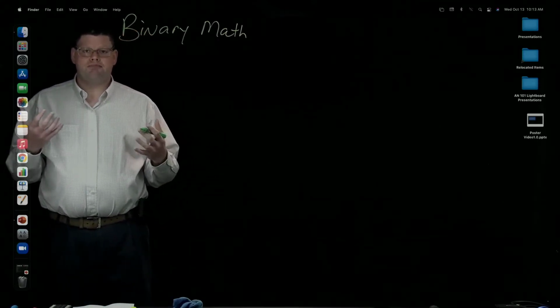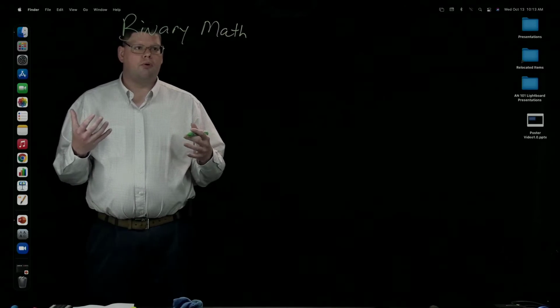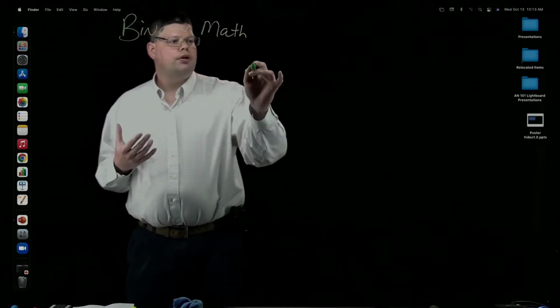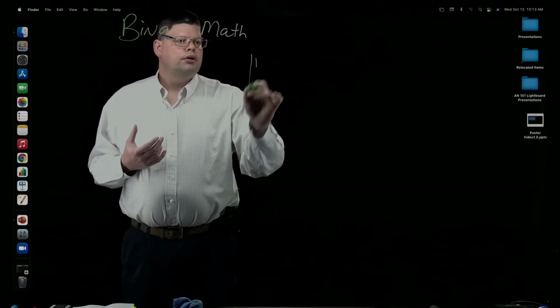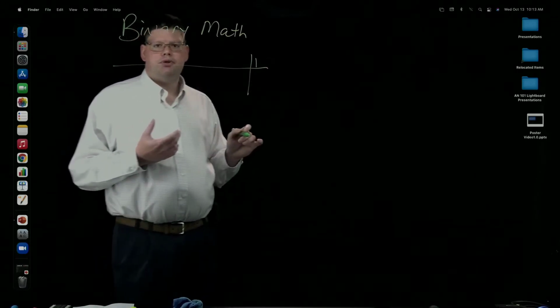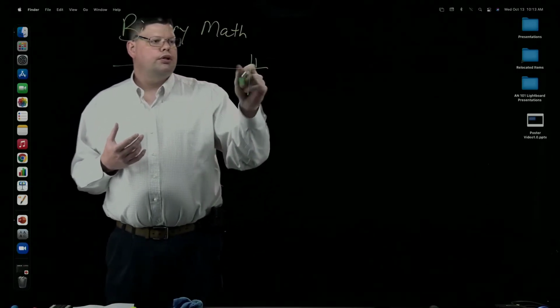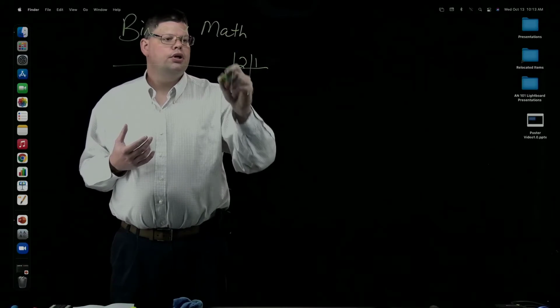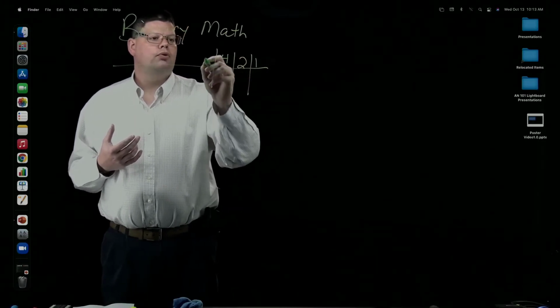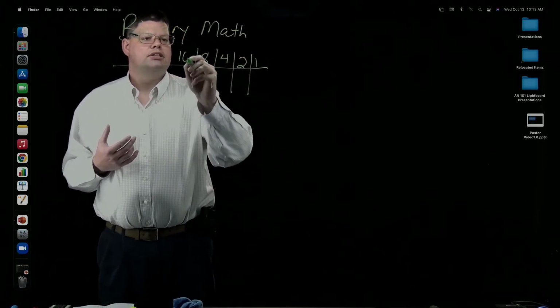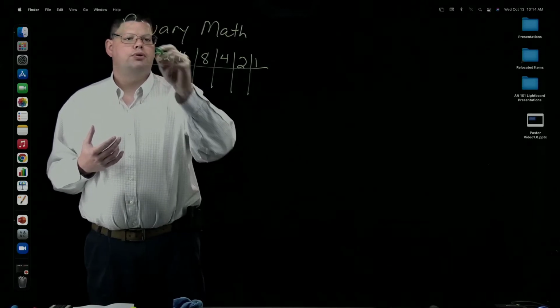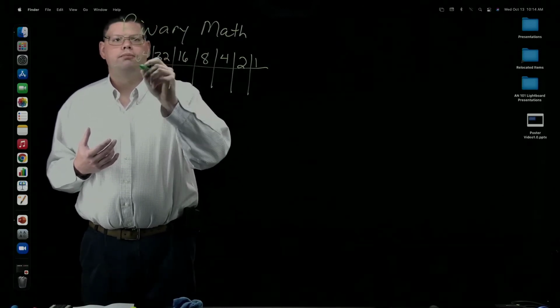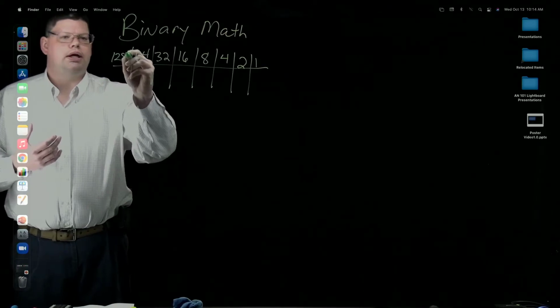Now the chart is, to me, fairly straightforward. We're going to start the chart at 1. I'm going to show you a couple of ways that you can remember that. So 1 doubled is 2, 2 doubled is 4, 4 doubled is 8, 16, 32, 64, and 128.